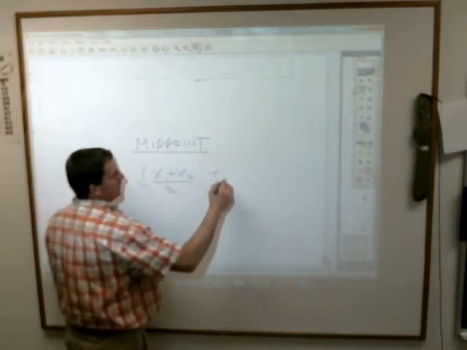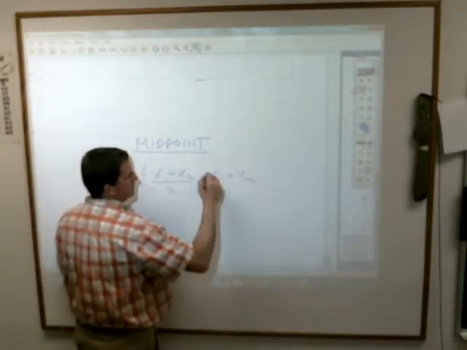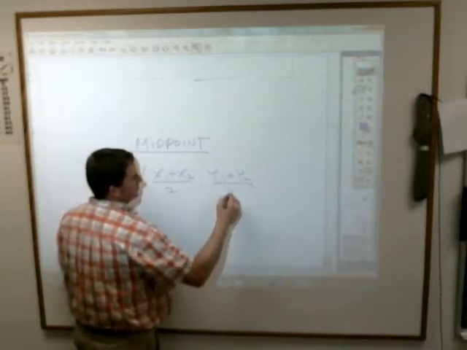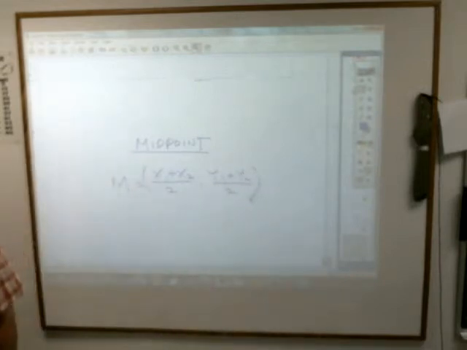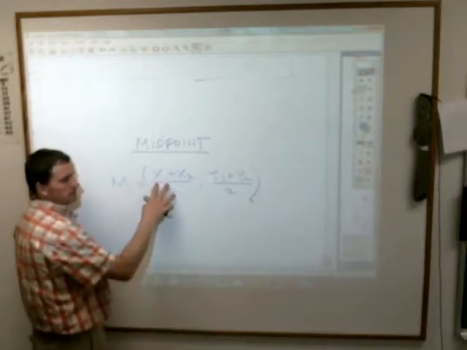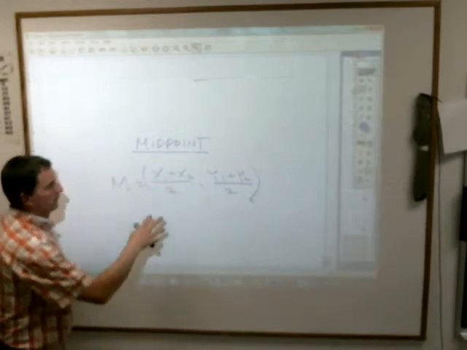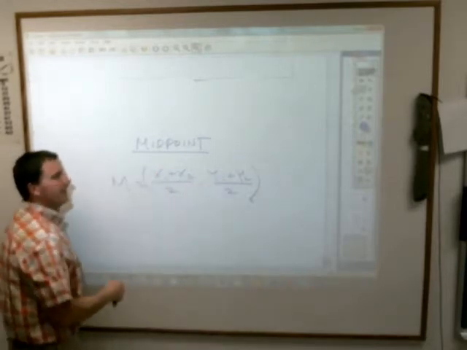This is a comma, because you're looking for 2 points. You're looking for the x value and you're looking for the y value.